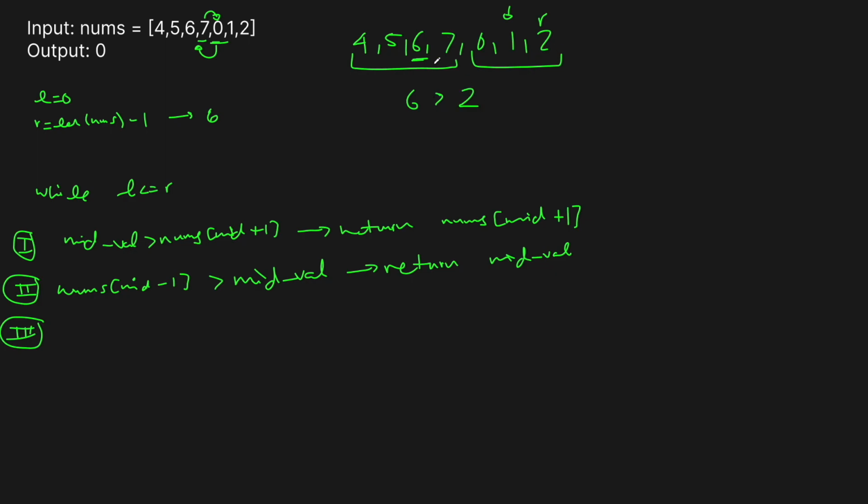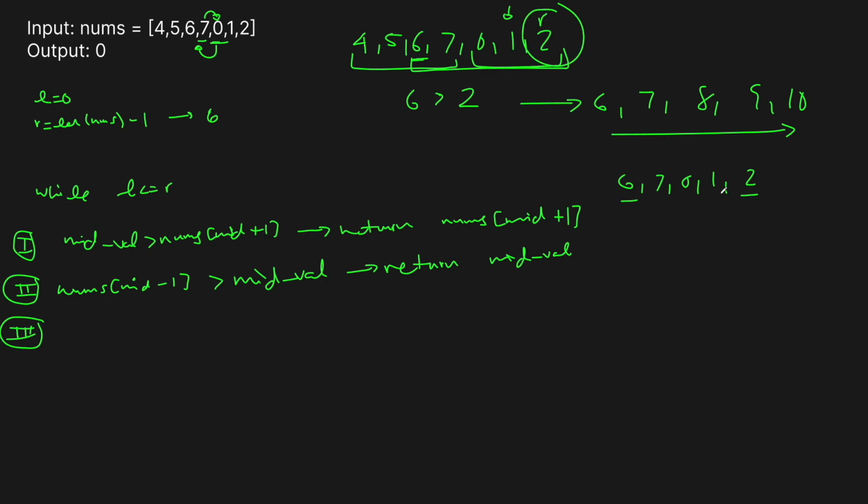The reason is that if this part was the sorted part, then it should always be increasing, right? If it's sorted, then we should expect maybe 6, 7, 8, 9, 10. But the fact that it's not sorted, it goes 6, 7, 0, 1, 2, we indicate by the fact that 6 is greater than 2, which is the right value here.